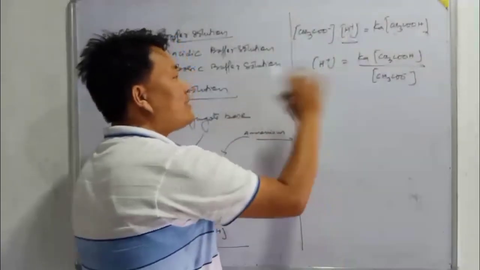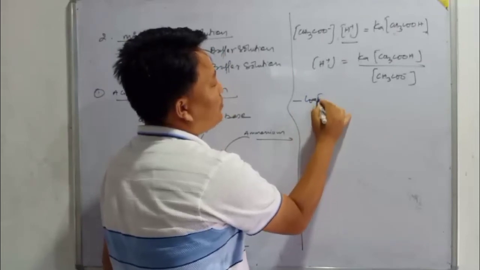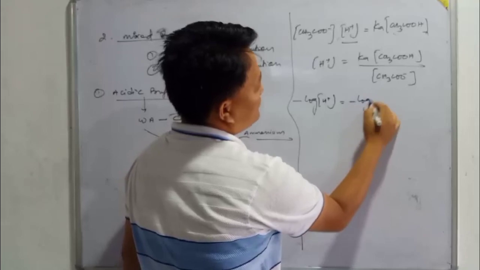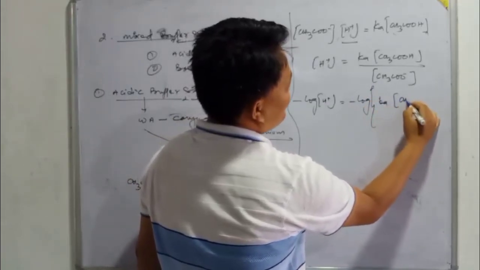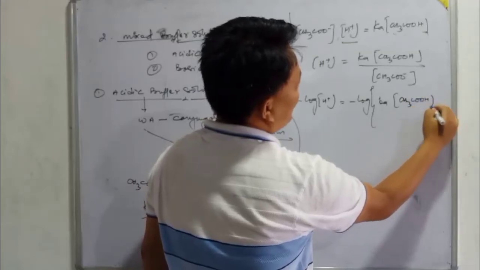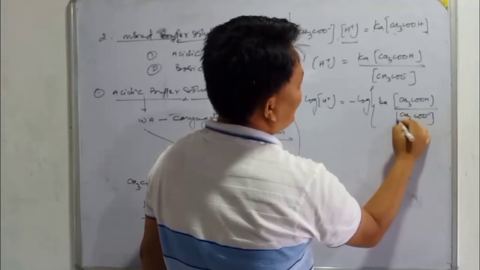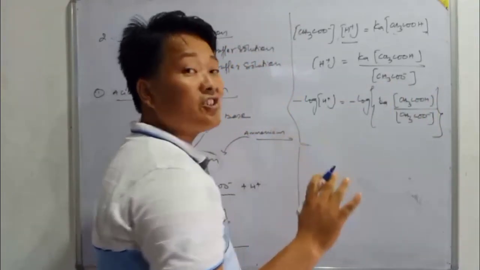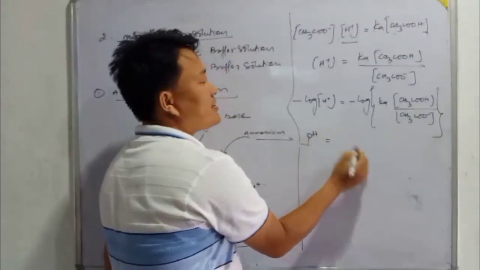Okay, now putting log on both sides, then minus log, put both sides plus, which is equal to minus log Ka, then the concentration of CH3COOH by CH3COO minus. Now minus log concentration of H plus will be pH.